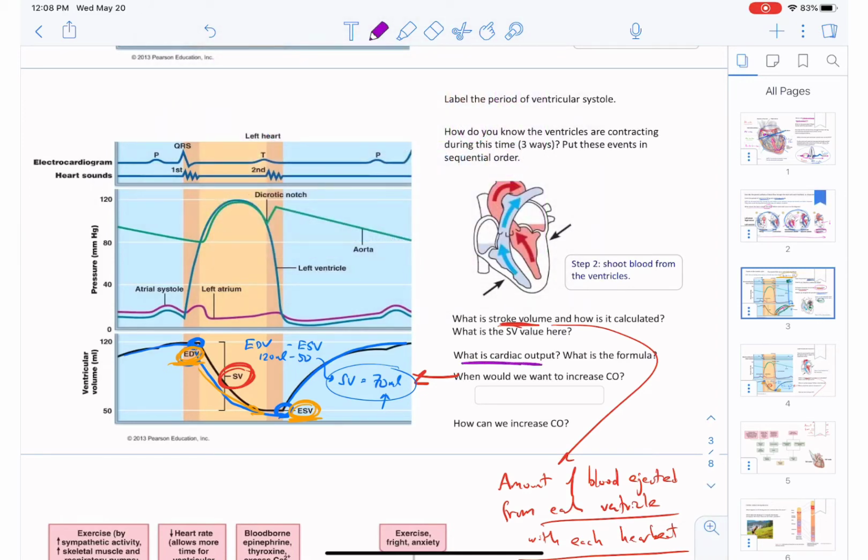Okay, what is cardiac output and what's the formula? The definition for cardiac output is similar to that for stroke volume, but it's a little different.